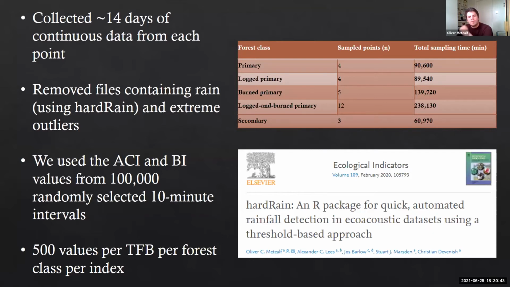We chose those indices because they're very commonly used and they seem to be quite effective. That translates as roughly 500 index values per time frequency bin per forest class per index. That's about 80 hours, which is about two-thirds less than is recommended in the Tom Bradford-Lawrence guidelines.